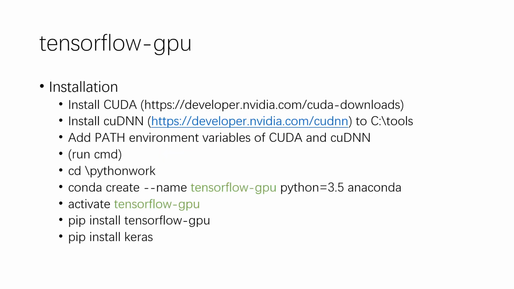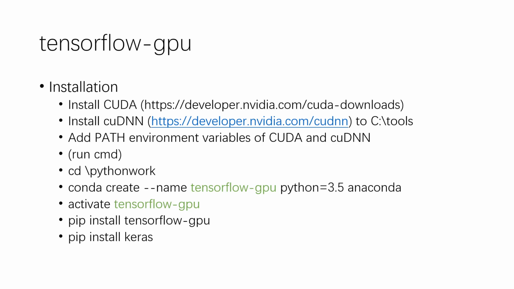And then for the GPU version of TensorFlow, because we know that neural network training will benefit a lot from GPU processors because of the tensor or matrix multiplication or those operations. But the GPU version of TensorFlow installation is more difficult.